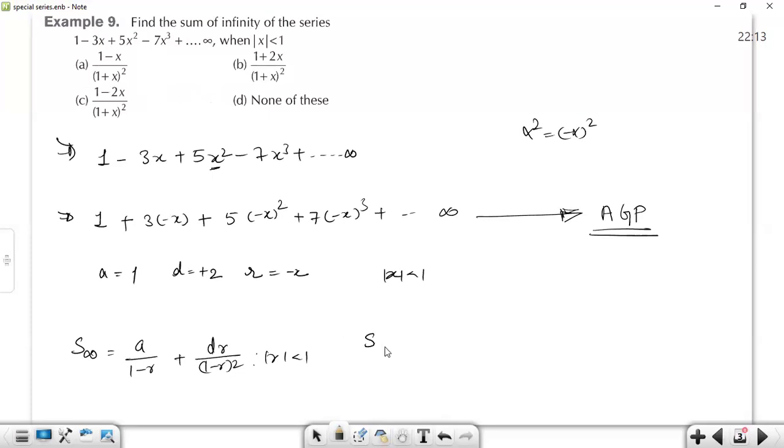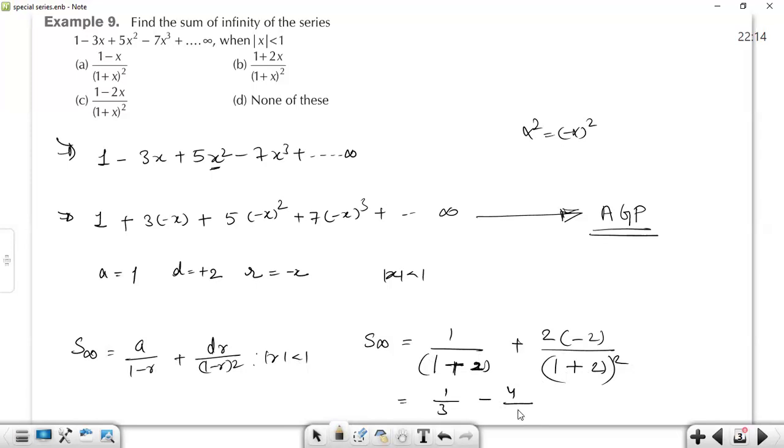So the sum of infinite terms for AGP is a upon 1 minus r plus dr upon (1 minus r) square.